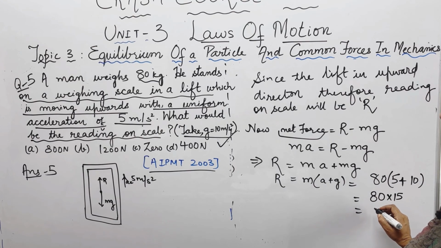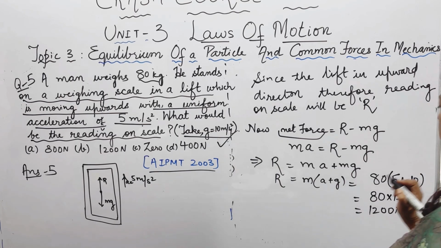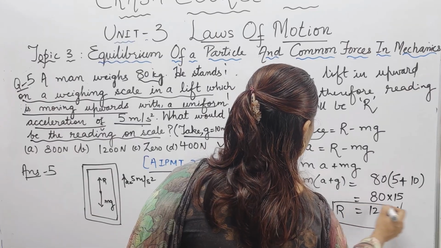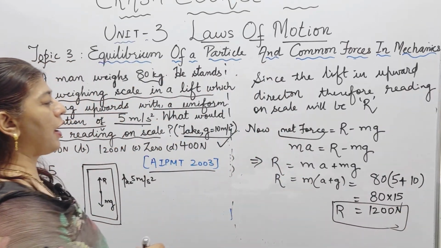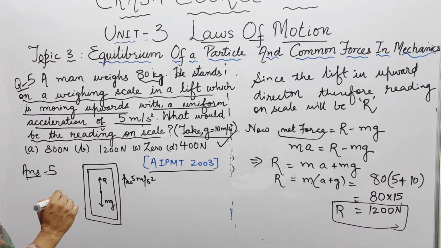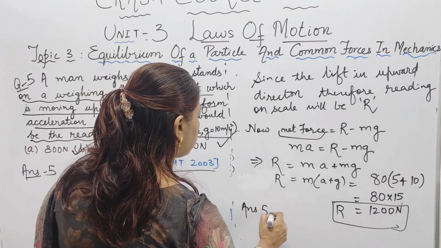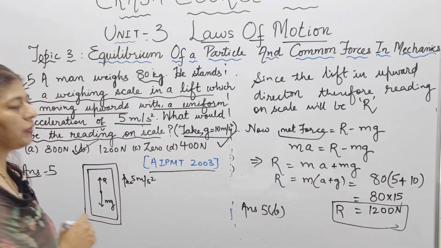This value comes out to be equal to 1200. So the reading, that is the value of R on the weighing scale, comes out 1200 Newton, and this goes with option number B. So hence the answer for the fifth is option B, 1200 Newton.